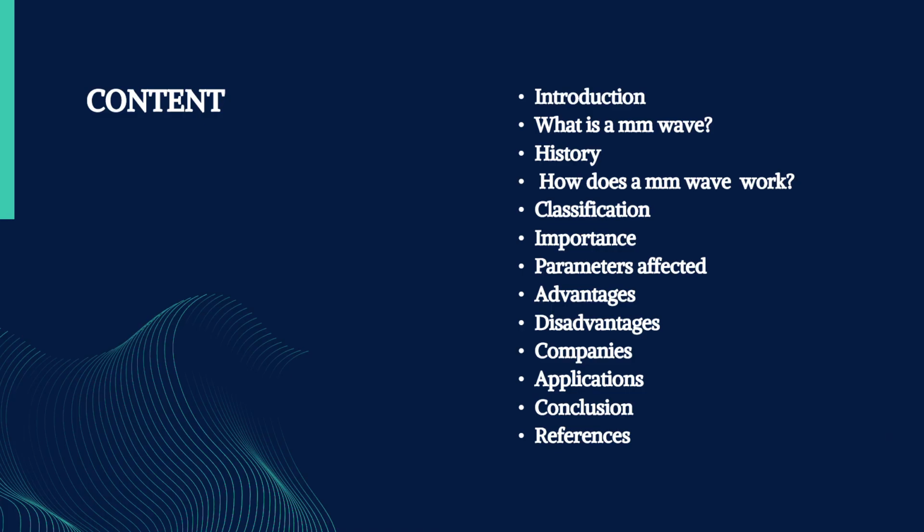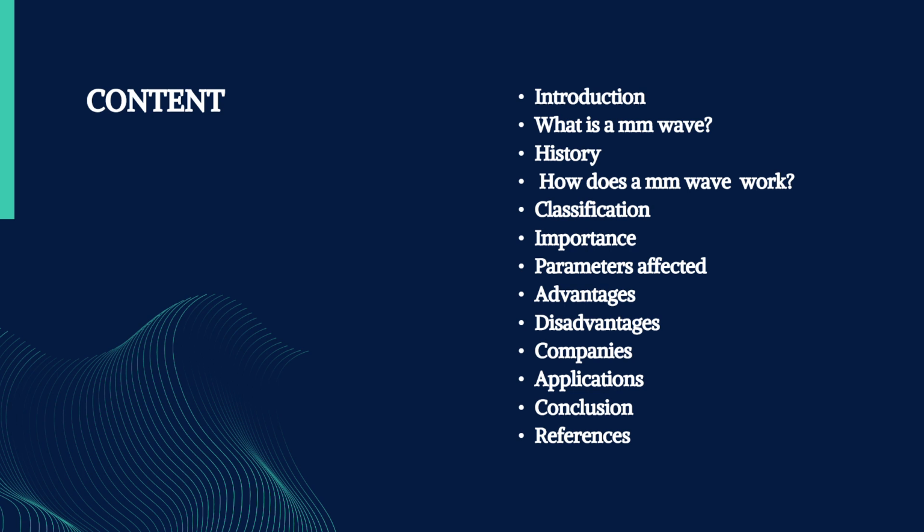Moving to the contents, these are the main contents I go into this presentation with this slide. First is the introduction of millimeter wave, what a millimeter wave is, and next is the history of millimeter wave. Next is how a millimeter wave works, like generation, propagation, etc. And next is the classification.